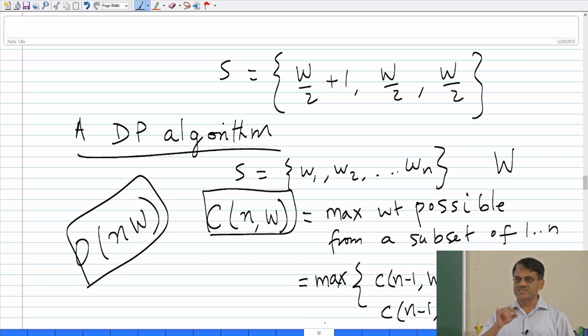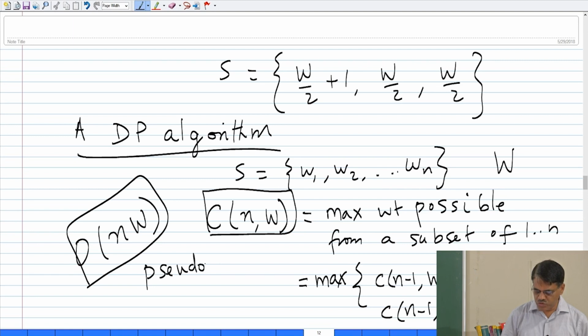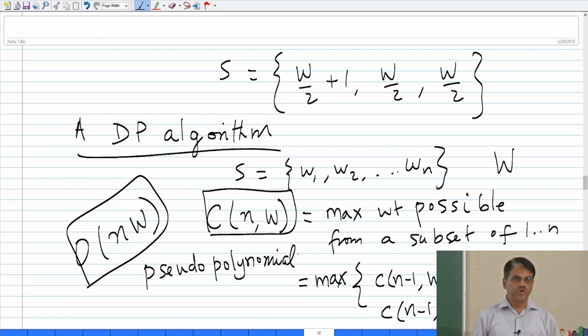The input size is something like n log W. So this is not a polynomial time algorithm, and we will actually show that this is an NP-hard problem. You don't expect a polynomial time algorithm. Since somebody already mentioned it, let me mention that it is pseudo polynomial because it's polynomial in the values of the input but not in the size of the input, because the size is log of the values.